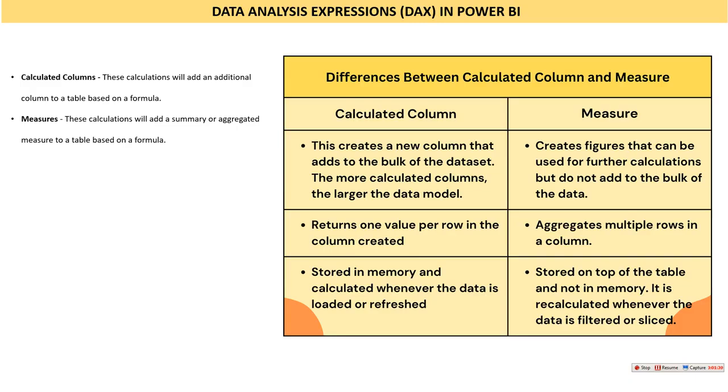When you create a measure, it aggregates your table based on the formula you are using, but it's not going to add any column to your table. For a calculated column, it expands your table. An additional column is added to your table when you create a calculated column.